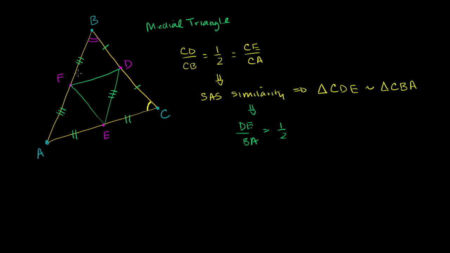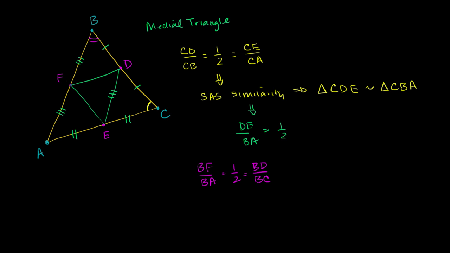You can just look at this diagram, and you know that the ratio of BF to BA is equal to 1/2, which is also the ratio of BD to BC. The ratio of this to that is the same as the ratio of this to that, which is 1/2, because BD is half of this whole length, BF is half of that whole length.